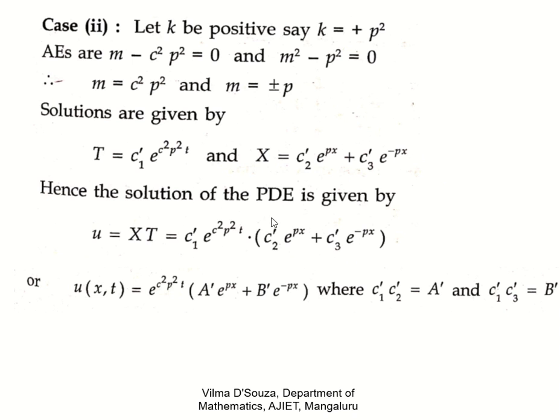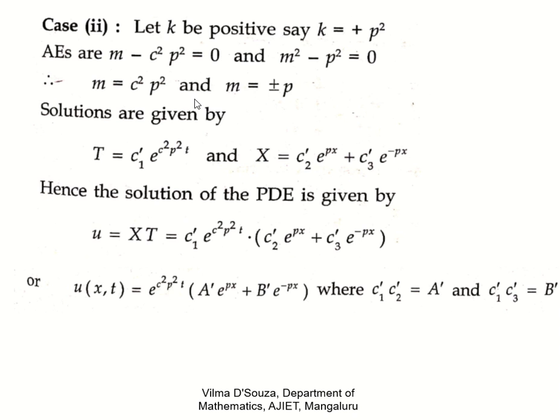So your solution is u equals X into T. Substituting, u equals e^(c²p²t) times c1'c2', which can be taken as a', into e^(px), plus c1'c3', which can be b', into e^(-px). That is your second case.